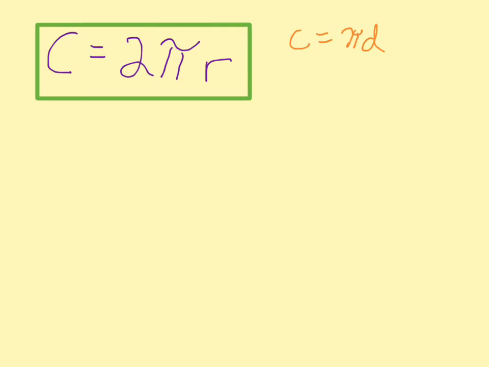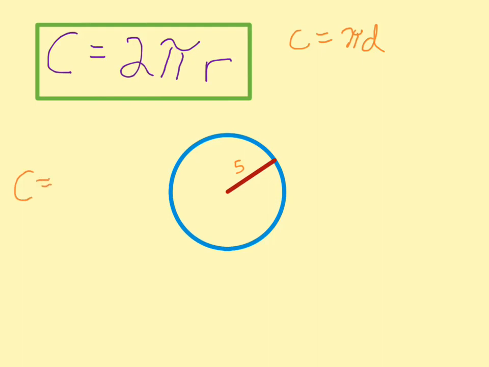So if I have a circle, let's make it blue this time. If I have a circle and its radius is, we'll leave units off this time. Let's say this unit is 5. The radius is 5, and so circumference equals 2 times pi times 5, which equals 10 pi.